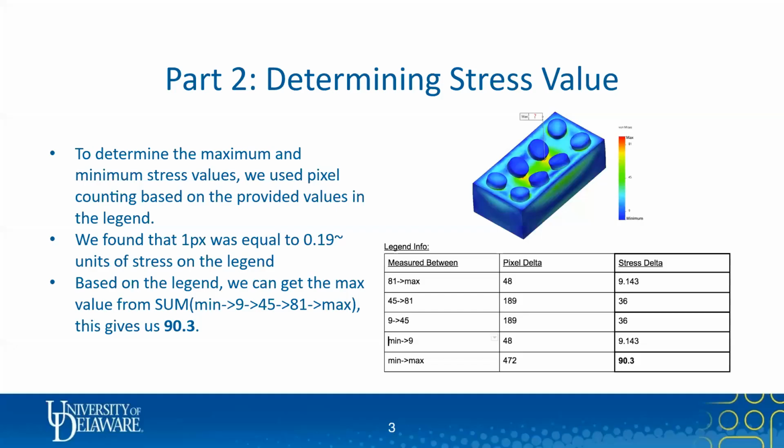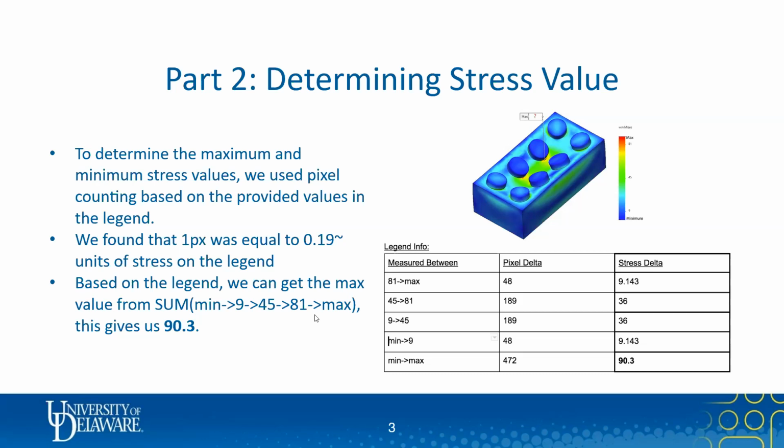Thank you, Nick. The way we went about determining the max stress value was, initially, we just used the information given from the stress test.jpg, which ended up being, as we analyzed it, rather accurate. Using simple pixel counting, we could find that the distance between points could give us an idea of the maximum values quite easily.